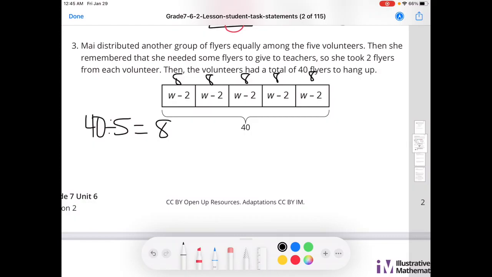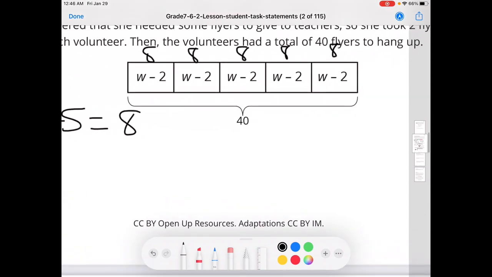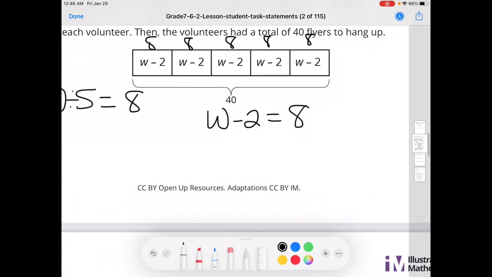But I need to know what W represents. So I know W represents the number of flowers that each volunteer had before May took 2 flowers. So then I could just solve. W minus 2 equals 8. Again, they have the additive inverse. So I can add 2 to both sides.